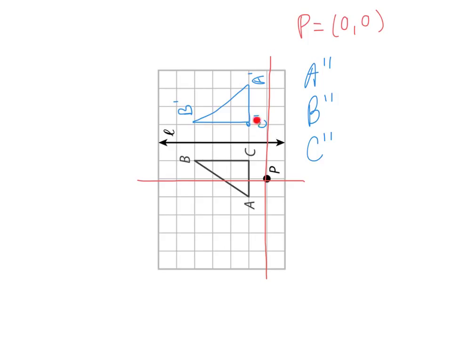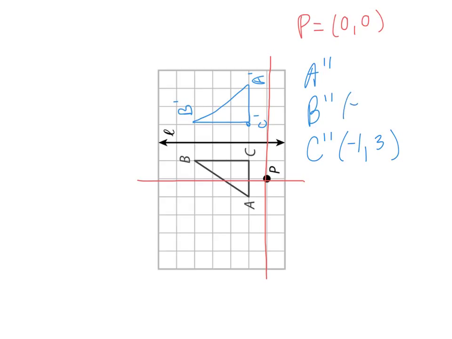This point right here, C prime, looks like it would be over 1 and up 1, 2, 3. So -1, +3 is going to be the coordinates for C double prime. For B double prime, we are going to get over 1, 2, 3, 4, and up that 3, the same line that it's on for C prime, so that makes sense.